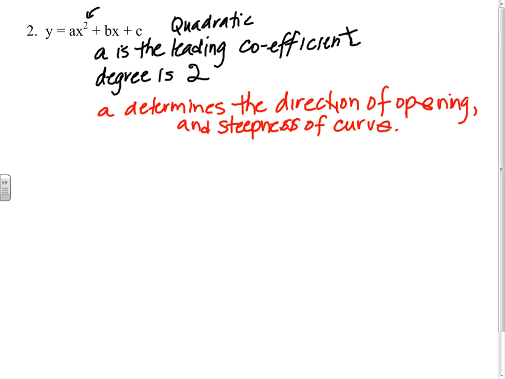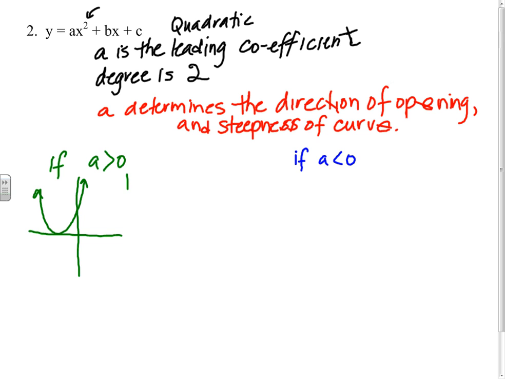We'll look at the two cases. If A is positive and if A is negative. If A is positive, we have a parabola that opens upwards.